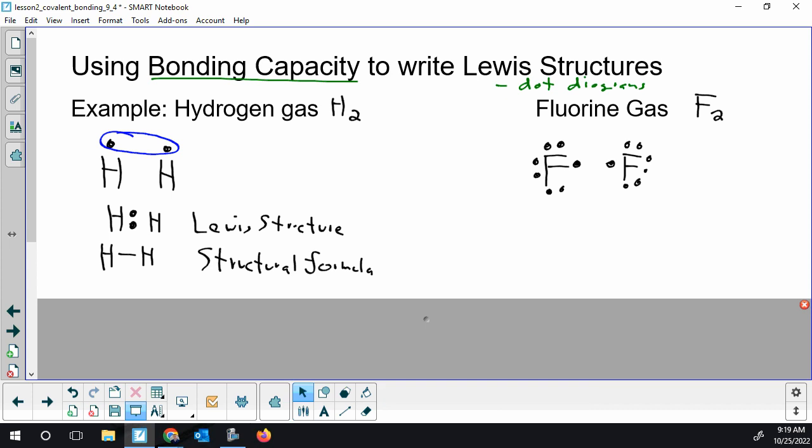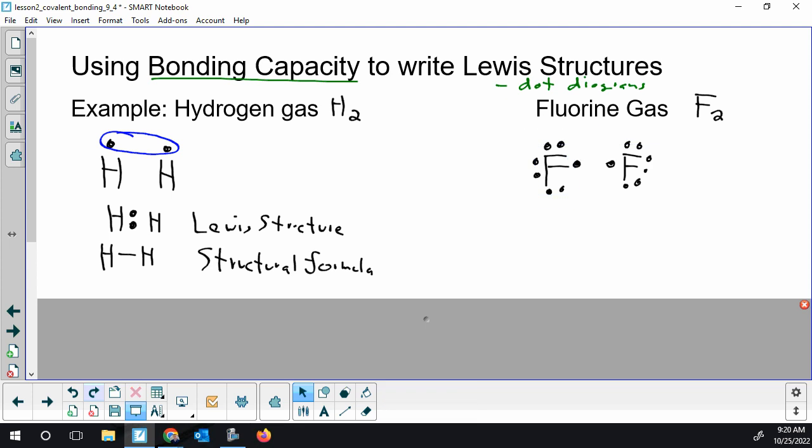So the Lewis structure won't let me slide that F over, but I'll try this one.